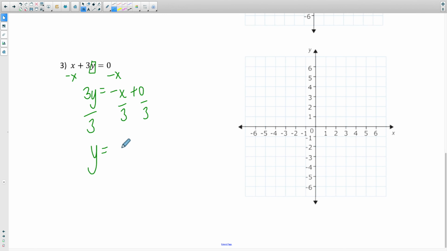So I get y equals negative, notice a negative, 1/3 x plus 0. Now, if it's plus 0, I really don't need that 0. I just kind of had it in there because it came from the problem and I wanted to make sure that everyone knew it wasn't just going away. But now it really can go away because we just don't usually put it there.